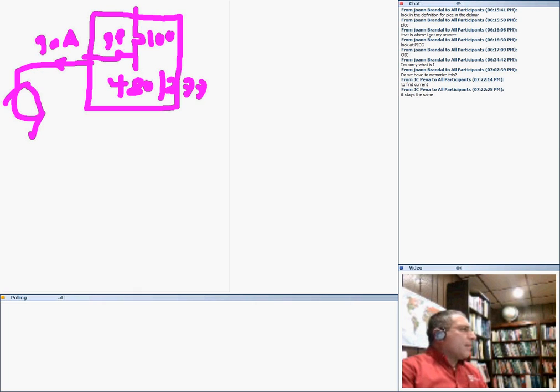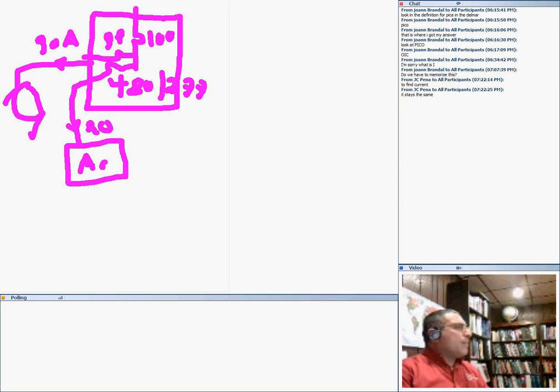We have another load, an air handling unit sitting here, a big air conditioning unit, and this AC unit is taking 20 amps. The current changes, but the voltage stays constant. The voltage for this system is 480. So you keep adding loads, but the voltage stays constant.